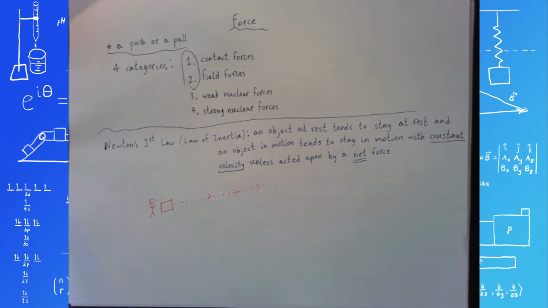It'll just move with a constant speed and in a fixed direction, straight line. That is, if the net force on an object is 0, it will move in a straight line. If an object is moving, it will stay moving in a straight line until and unless some sort of force comes to alter its path. So objects, by default, if they are moving, they will move straight.